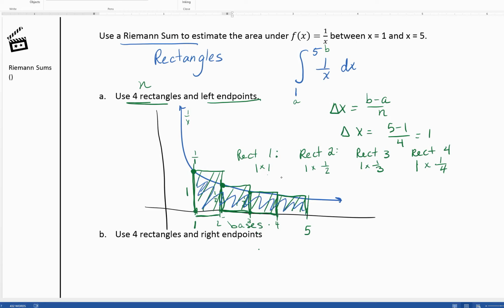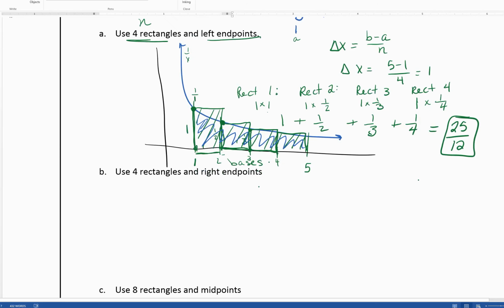So this would give us 1 plus 1/2 plus 1/3 plus 1/4. And if you calculate that, you get 25 over 12. So our estimation here would be 25 over 12.